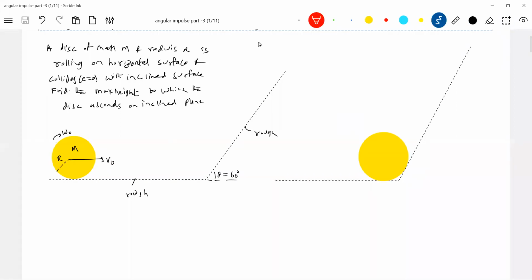An impulse will act. So there's the center. An impulse will act. And there'll also be an impulse like this.